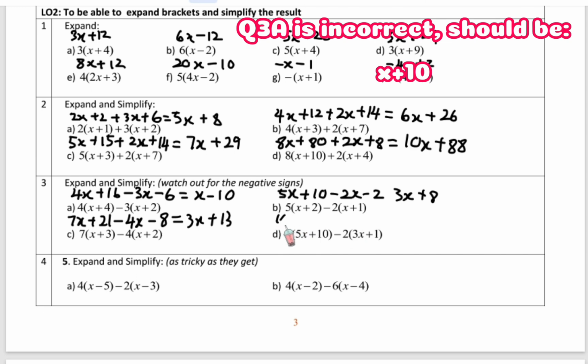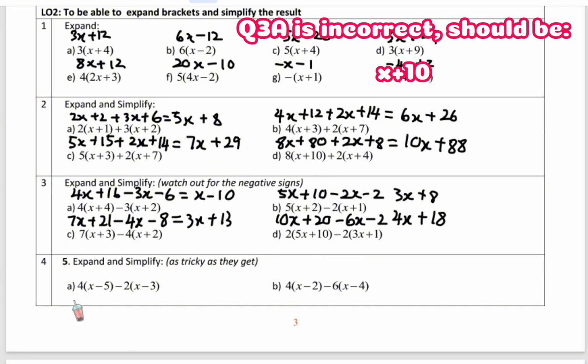For D, it will be 10x plus 20 minus 6x minus 2. So it will be 4x plus 18.